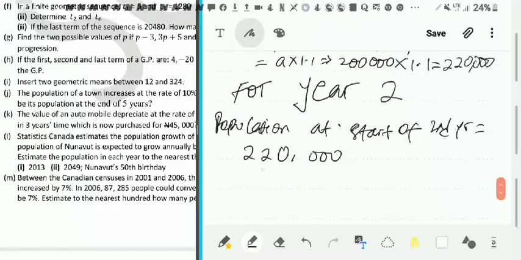I would have just represented this with a variable like A open bracket 1.1, but I want you to understand, that's why I'm writing the 200,000 in clear terms like this.